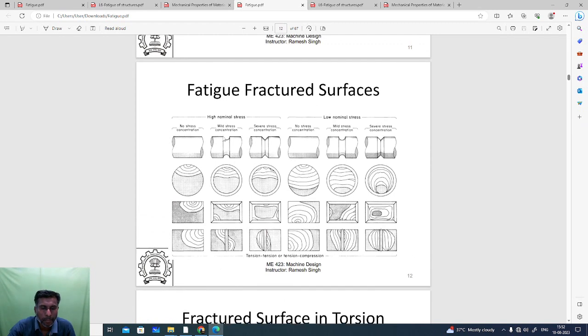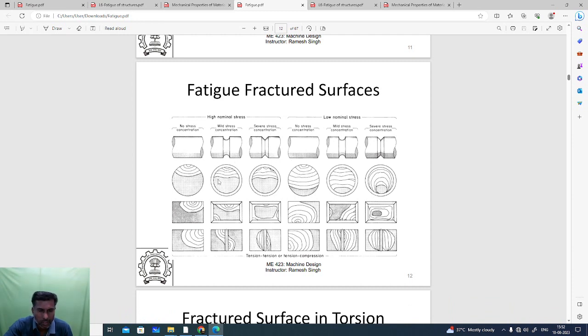Next is mild stress concentration, because there is some internal concentration acting at the corners. The beach mark may differ from the other two. In the first one, the beach mark shape depends on whether the load is tension or compression; it may be tensile or compressive.